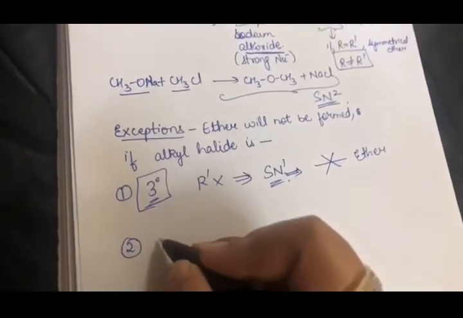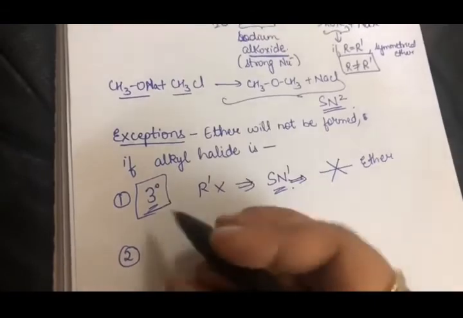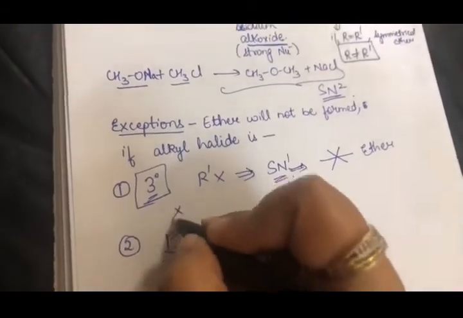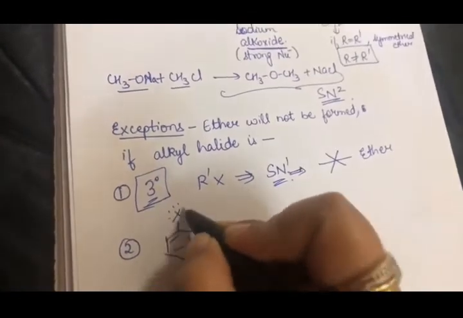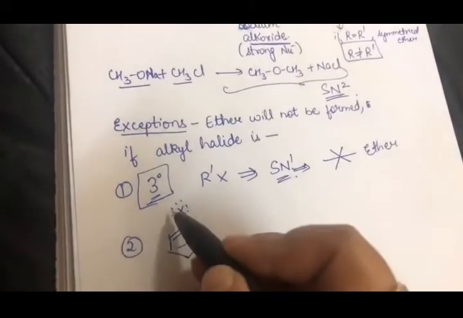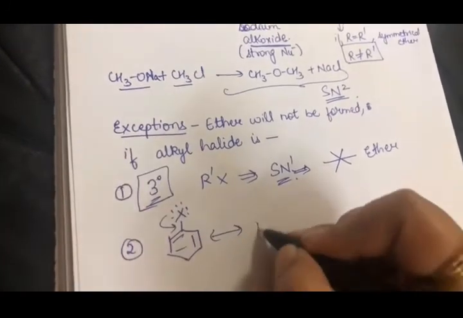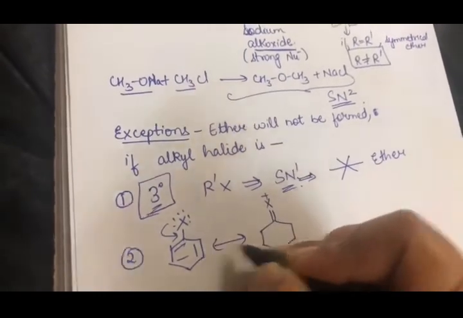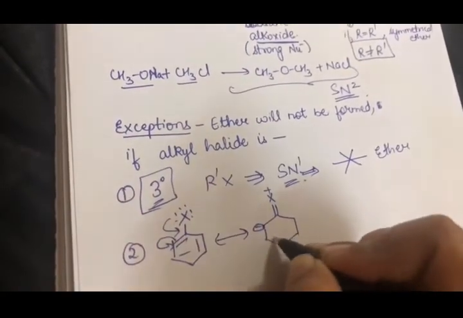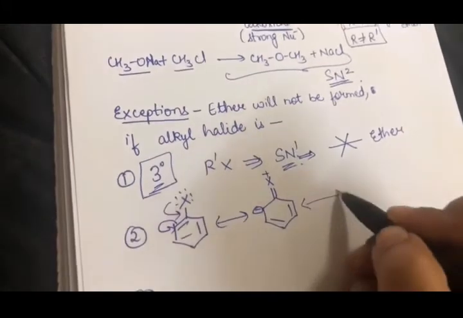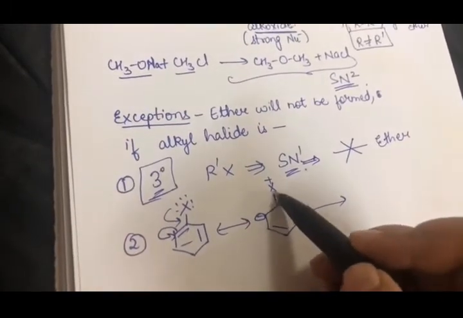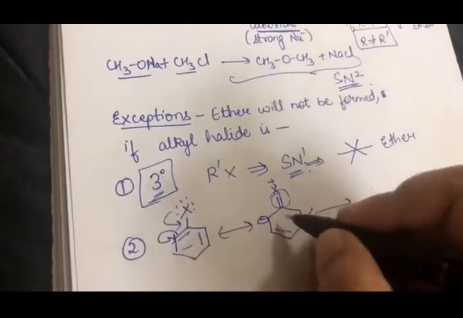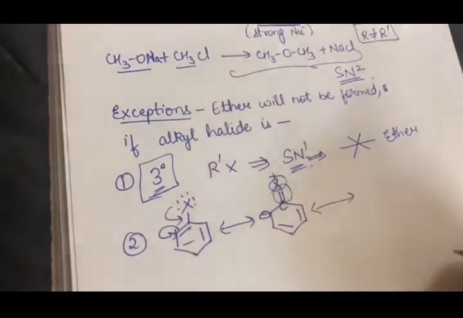First point. Second, ether will never be formed if the alkyl halide is an aryl halide. For example, like this. As we all know, this will undergo resonance. So this will come here. What will be the next structure? The next structure would be, and so on. So there would be a partial double bond character between the carbon of the ring and the halogen group.